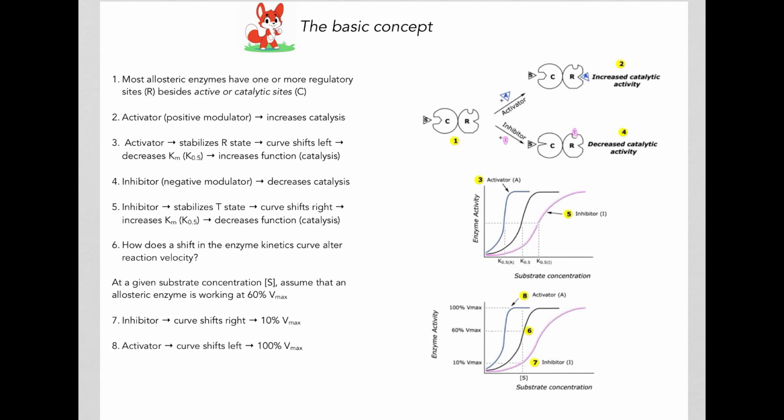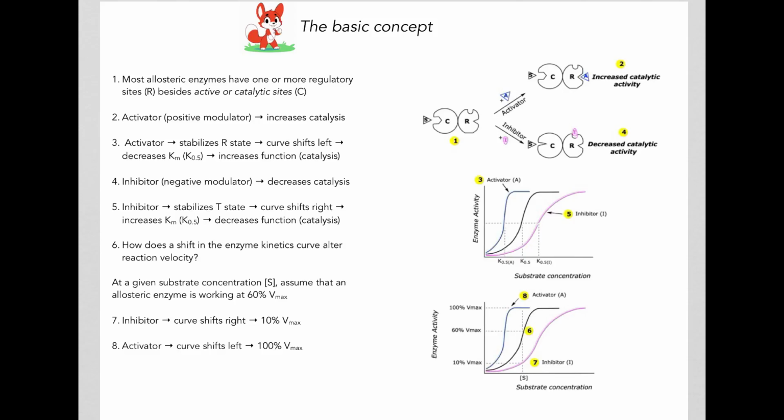Now, an activator is a positive modulator. It will increase the function of the enzyme, and the function of the enzyme is catalytic activity. So a positive modulator or an activator will increase the function or the catalytic activity of the enzyme.